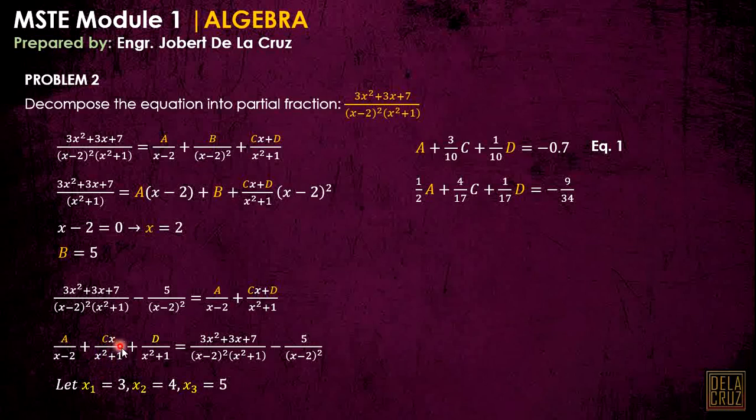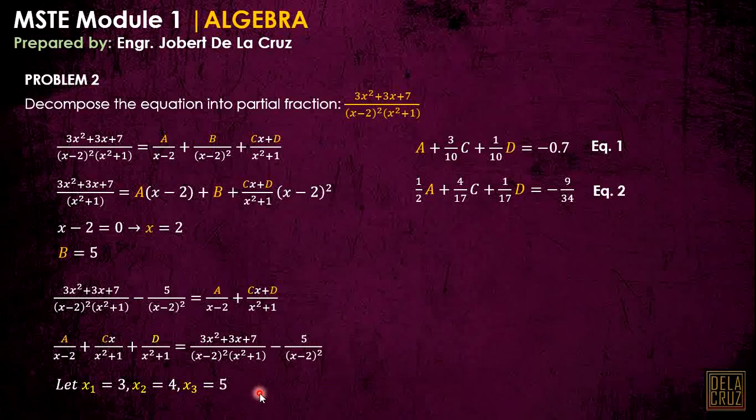So that will be 4 over 17 of C. Now this one, 4 squared plus 1, that is 1 over 17 of D. Then substitute x is 4 here, and it will give this value, negative 9 over 34, and that will be our equation 2.